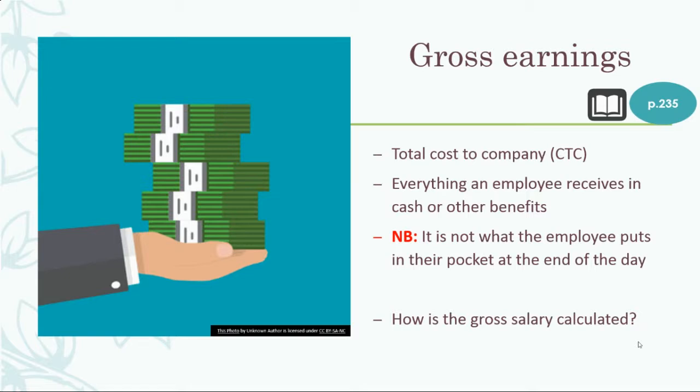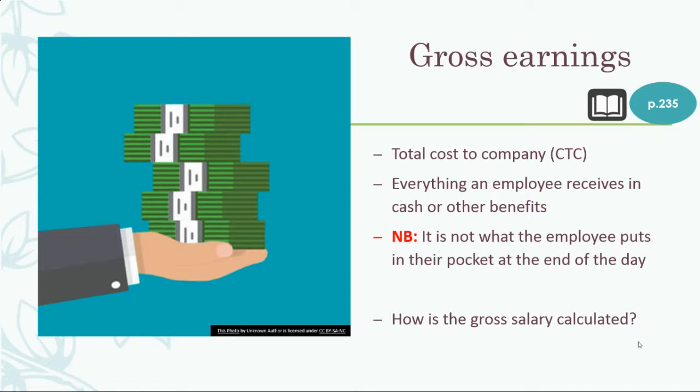So anything we receive other than cash from the business would be added on there. So that would be your travel allowance, any bonuses you receive, any overtime.